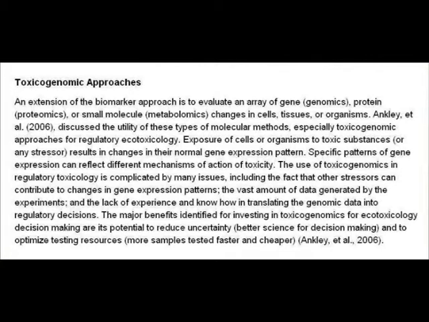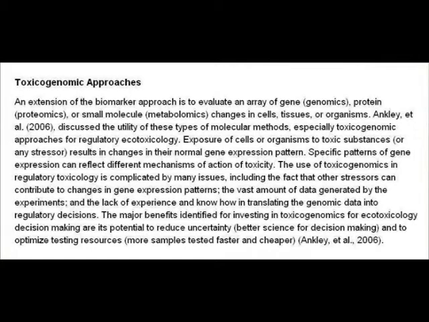Exposure of cells or organisms to toxic substances, or any stressor, results in changes in their normal gene expression pattern. Specific patterns of gene expression can reflect different mechanisms of action of toxicity. The use of toxicogenomics in regulatory toxicology is complicated by many issues, including the fact that other stressors can contribute to changes in gene expression patterns, the vast amount of data generated by experiments, and the lack of experience and know-how in translating the genomic data into regulatory decisions.